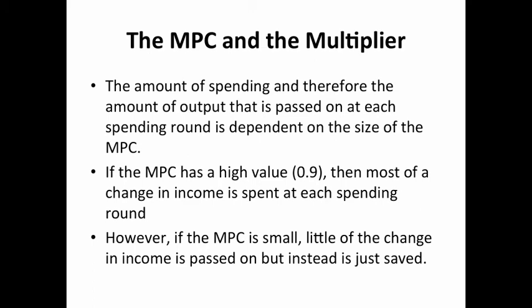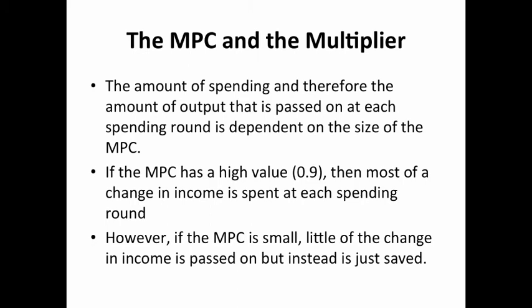Conversely, if the MPC is a relatively small number, let's say 0.5, then for every change in income, we only take 50% of that and spend it in the next round. And then that will cause a change in income in the next round, and again, we only take 50% of that to change spending in the next round. So if the MPC is smaller, then little of the change in income is passed on.